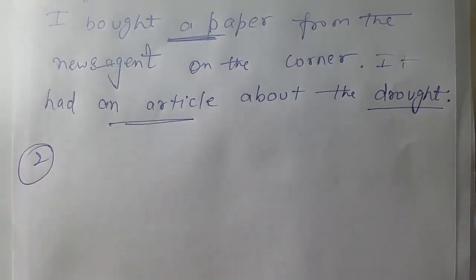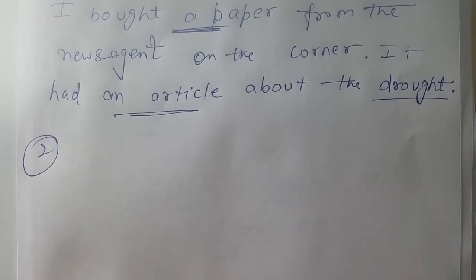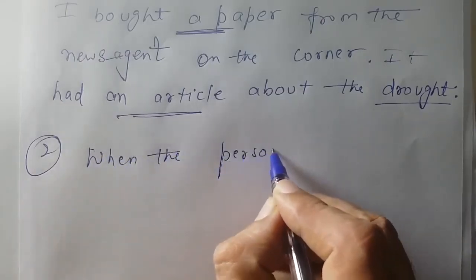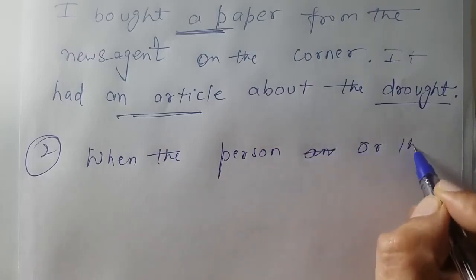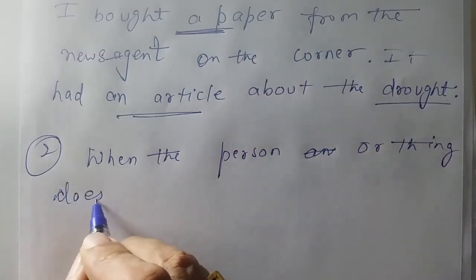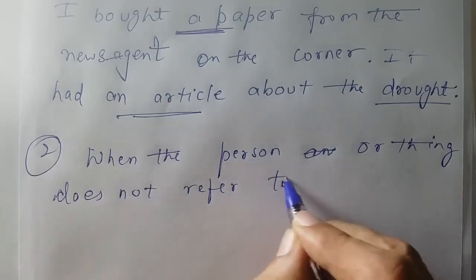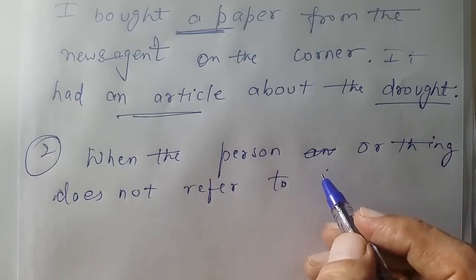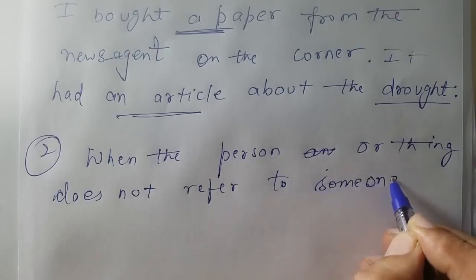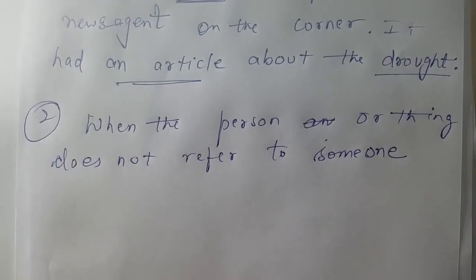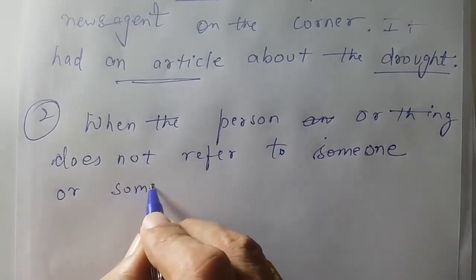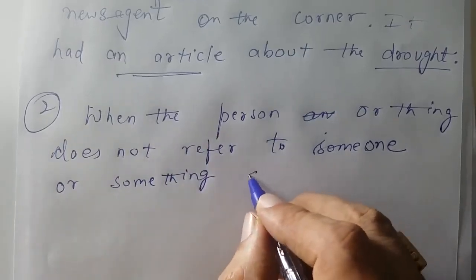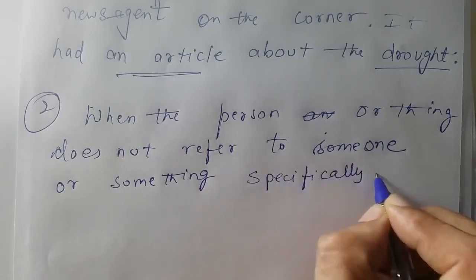Second issue is very clear. When the person or thing does not refer to someone or something specific, right?